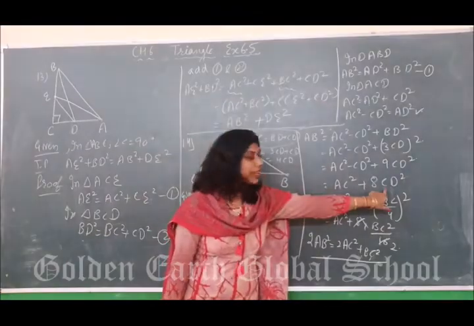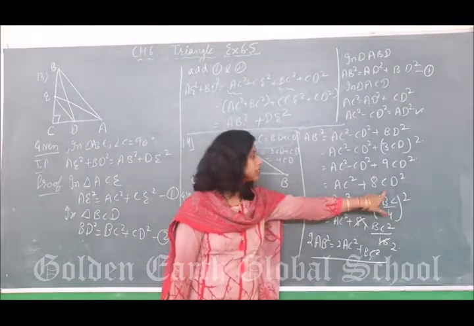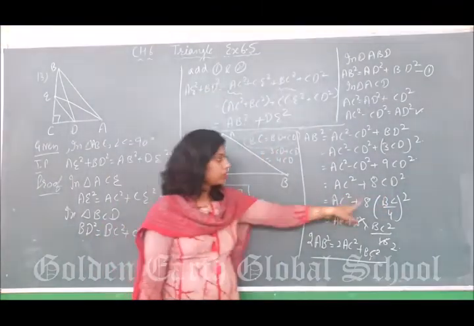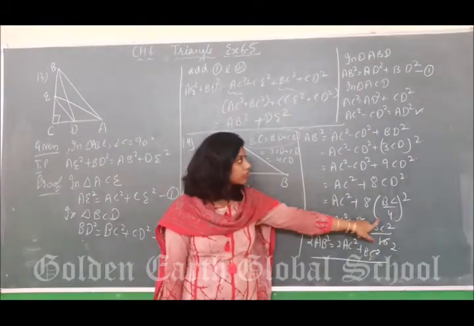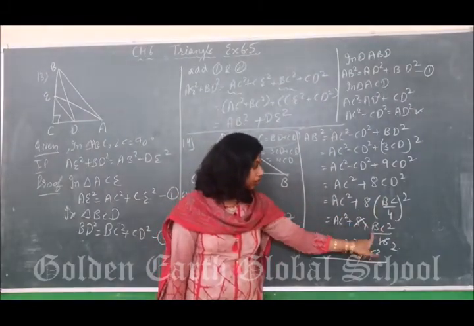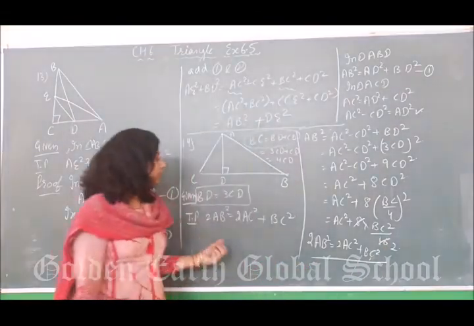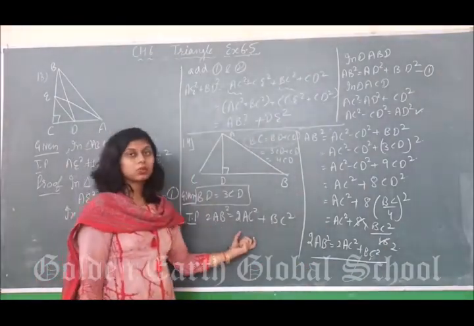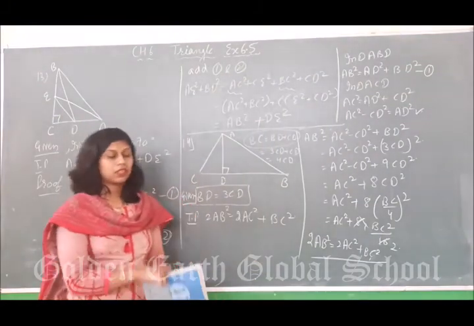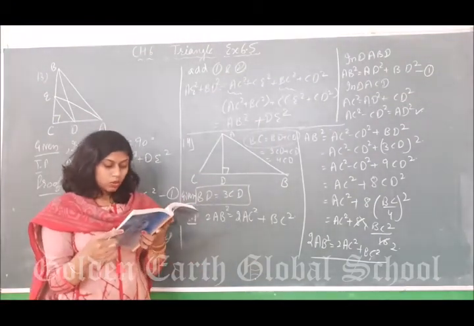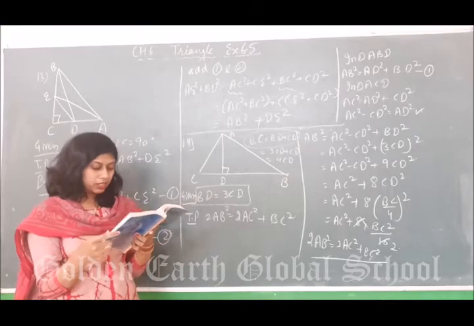Now here we had CD, so replace this CD by BC upon 4. Clear? So on solving, by taking the LCM we get the result, that is 2AB square is equals to 2AC square plus BC square. Clear? Next, question number 15.